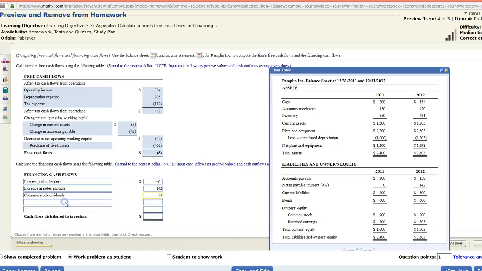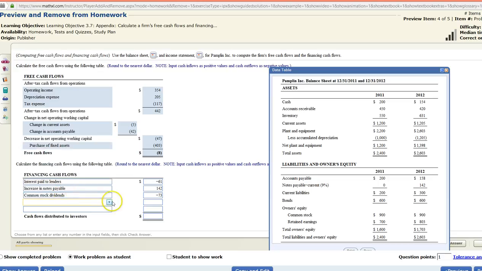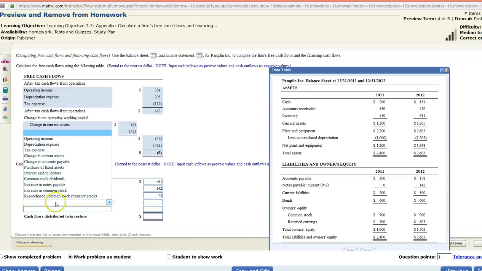And the next item, in order to get the financing cash flow to shareholders, is the increase in common stock. Here, if you look at the item right below it, we also have the choice of the repurchased common stock or treasury stock.